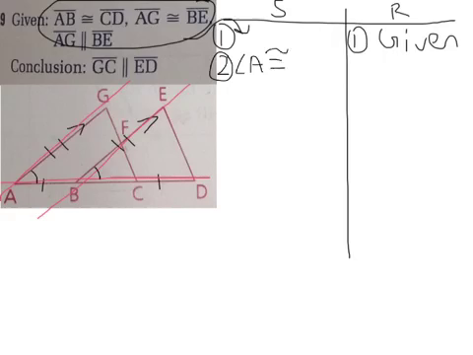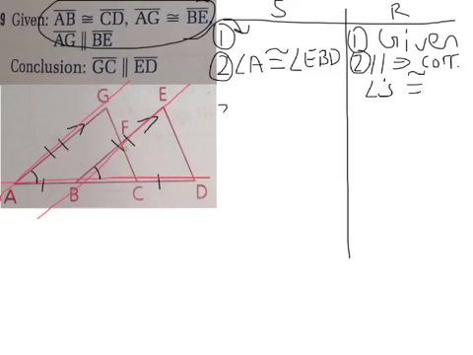There's no other angles with that vertex. It's congruent to angle EBD. And these are corresponding angles. So parallel lines, then corresponding angles congruent. Alright.